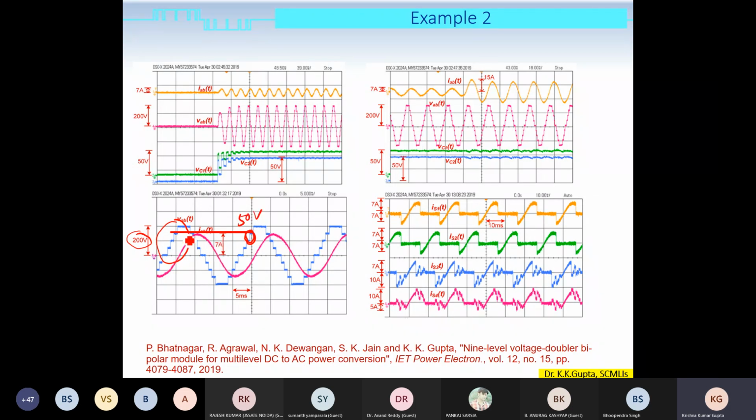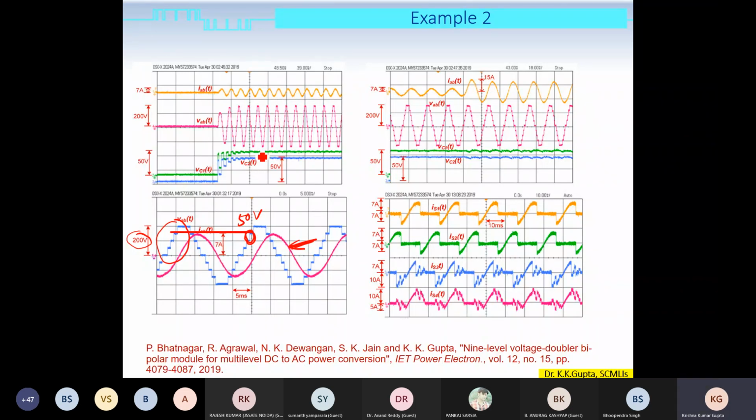So the overall number of levels here is 9. That is a fairly good waveform. The harmonic profile is good, and it was tested for an inductive load. That can be seen with the current waveform, where the lagging nature of the current can be seen.